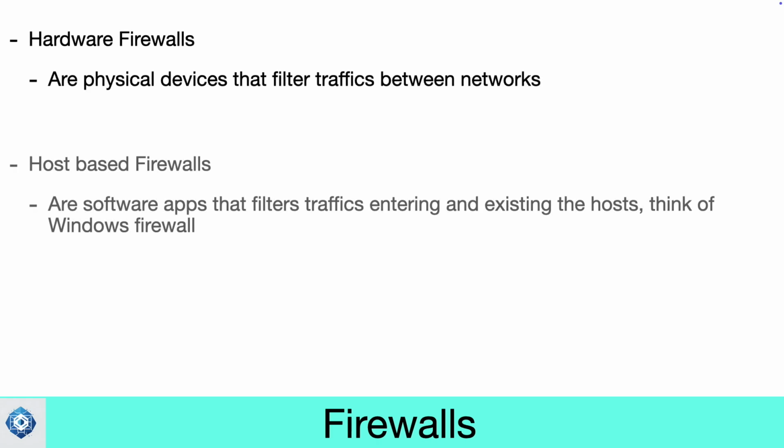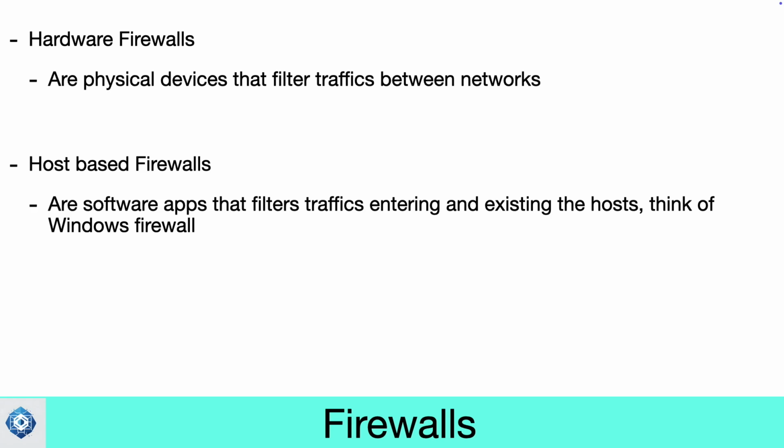So jumping forward here, you may be thinking, what are the differences between hardware firewalls and software or host-based firewalls? Because you may be thinking, I'm watching this on a Windows computer, and you may be aware that Windows has a built-in firewall. You don't have any additional devices on your local home network, but you still have a firewall.